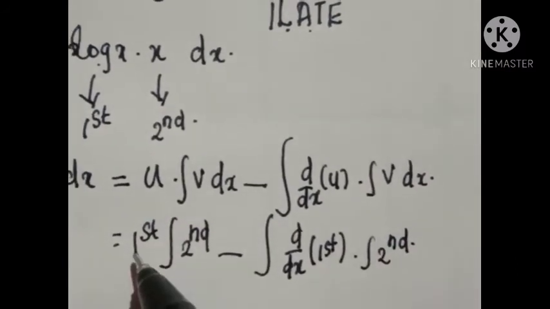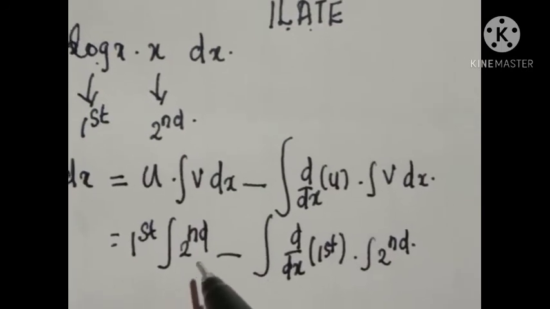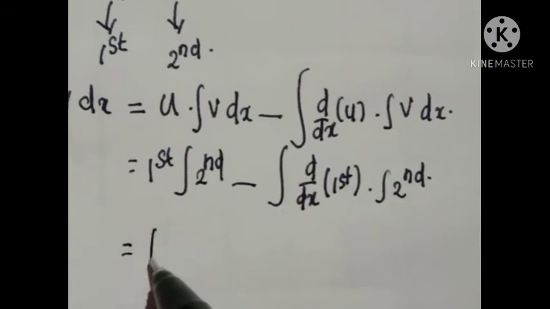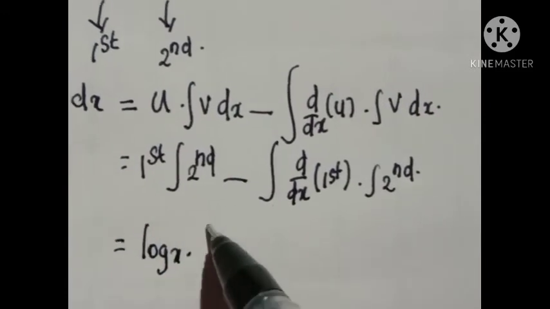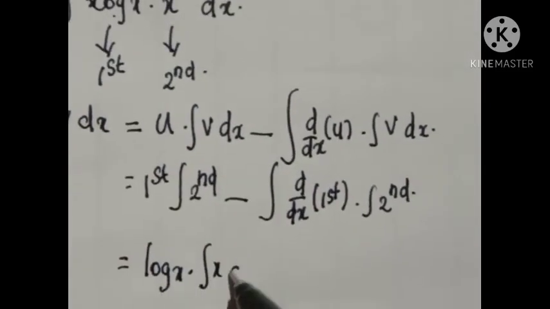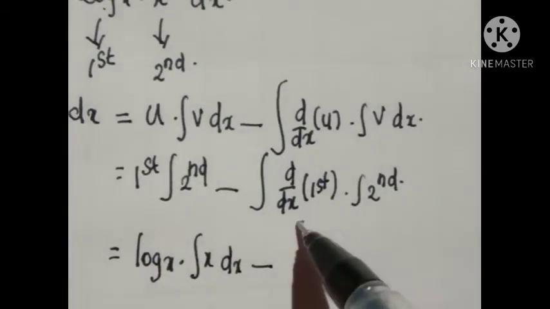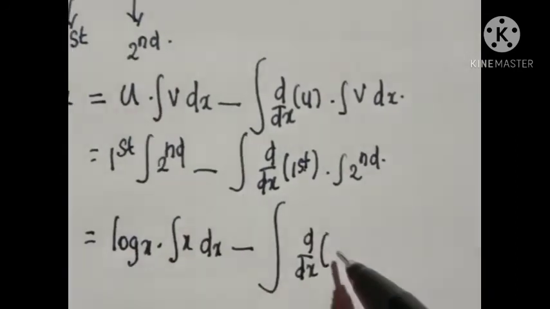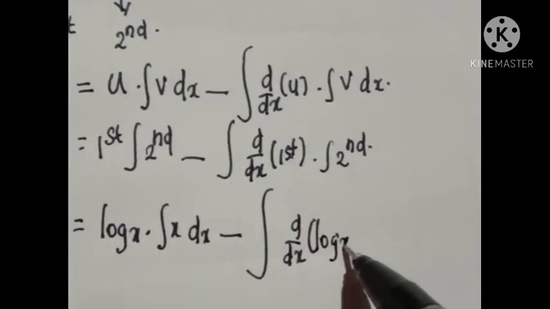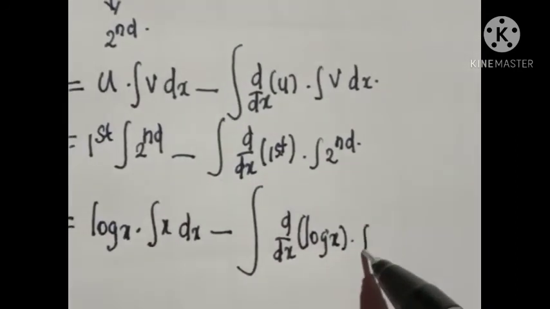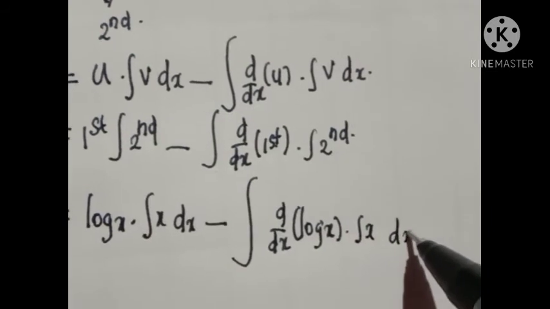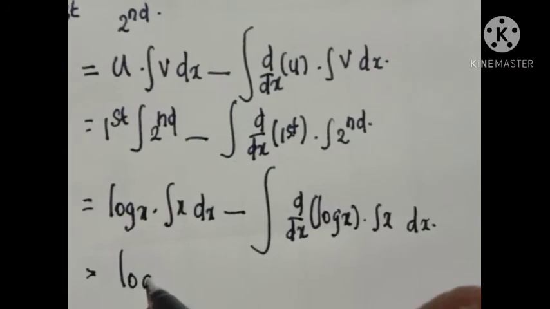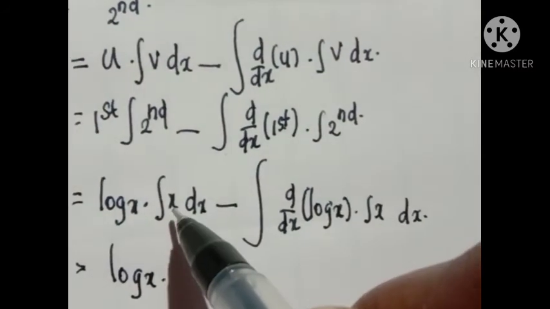So just replace first function as log x, second function as x in this formula. So log x into integral of x dx minus integral of derivative of first function, that is log x, into integral of second, that is x dx, that is equal to log x into what is integral of x?